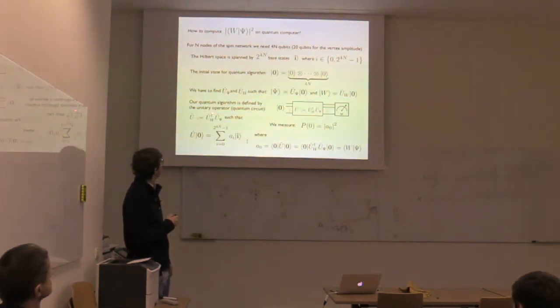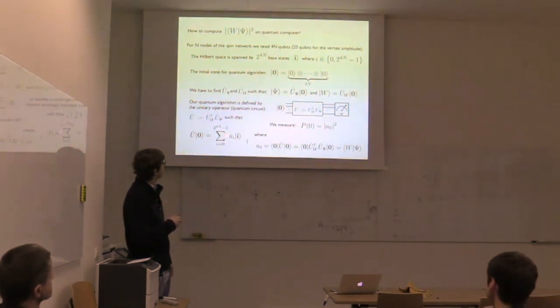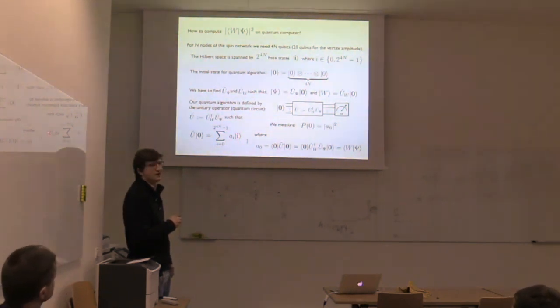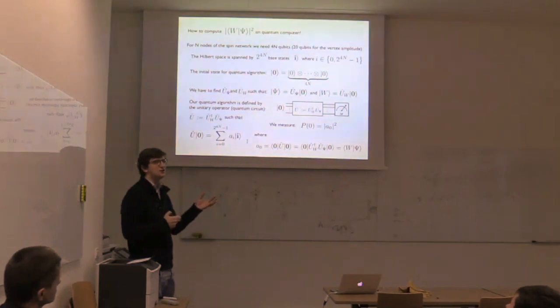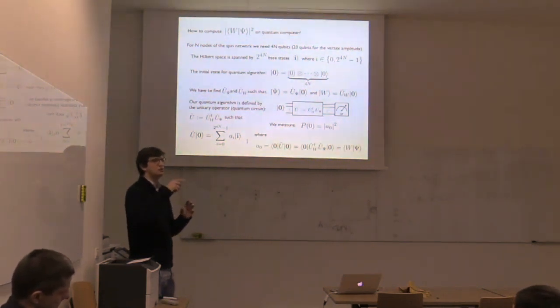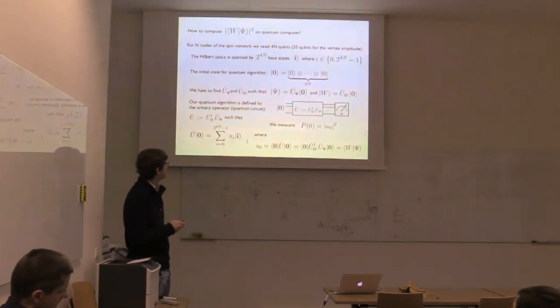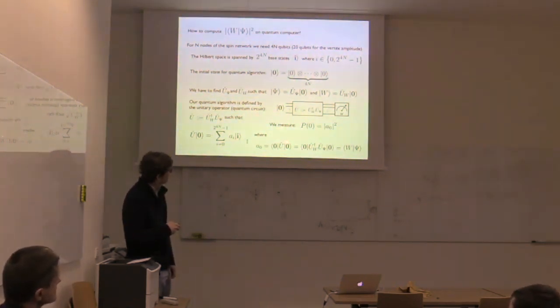And then you can see that if you act with this operator on the initial state, you have some superposition of the basis states. For 20 qubits, your Hilbert space is 2 to the 20 dimensional, which is over 1 million dimensional. And then look for the following thing.